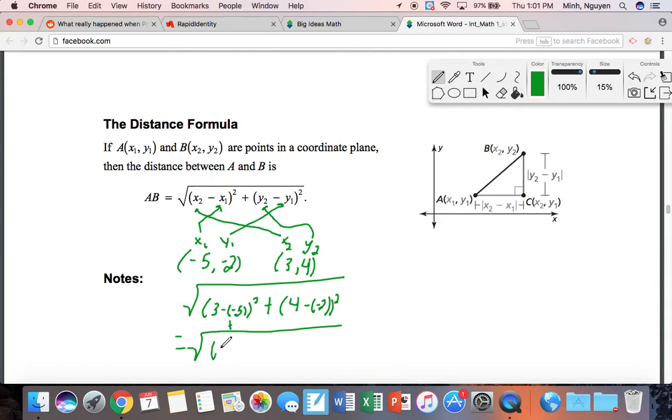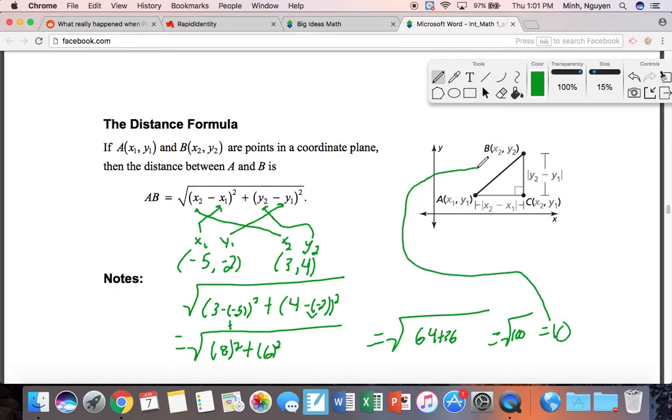So I have 3 plus 5 is 8 squared plus 4 plus 2 is 6 squared, which is the square root of 64 plus 36, which is the square root of 100, which equals 10. So that's how you get distance.